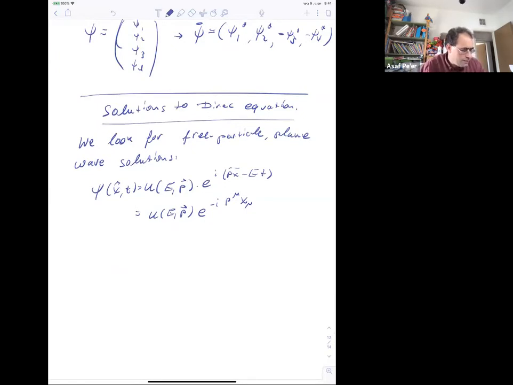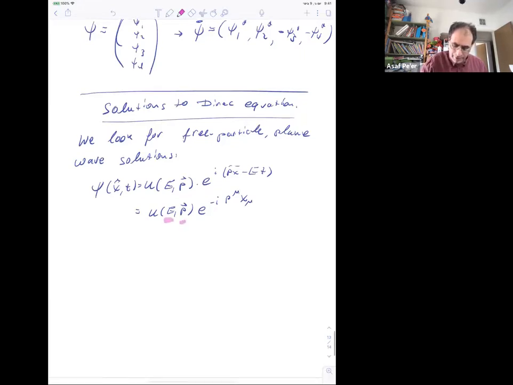Since the dependence on position and time appears only in the exponent, u is just a function of the energy and momentum.